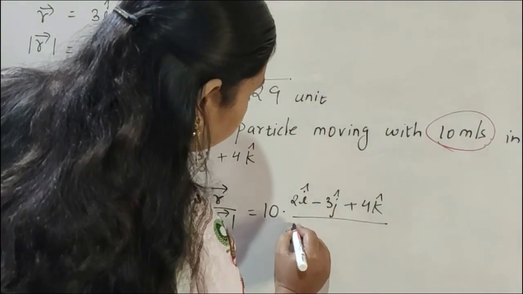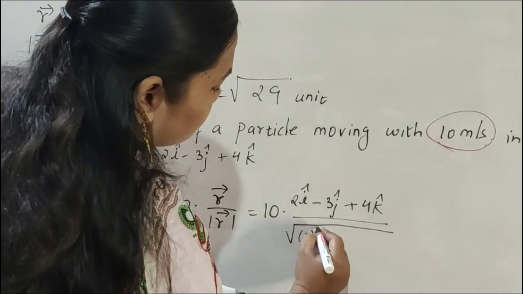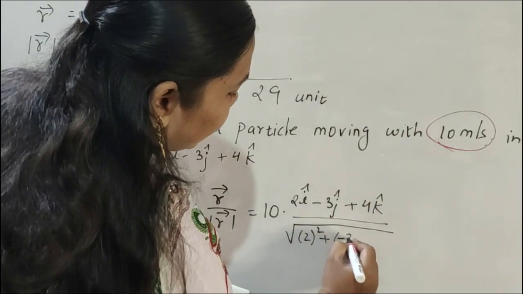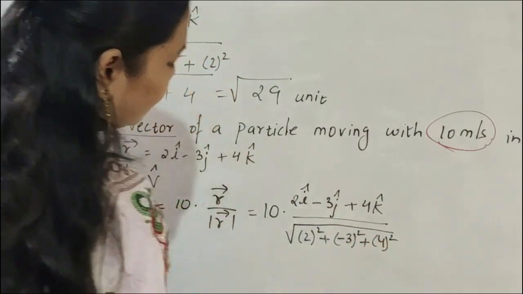Magnitude is the whole square root of 2 square plus minus 3 whole square plus 4 square.